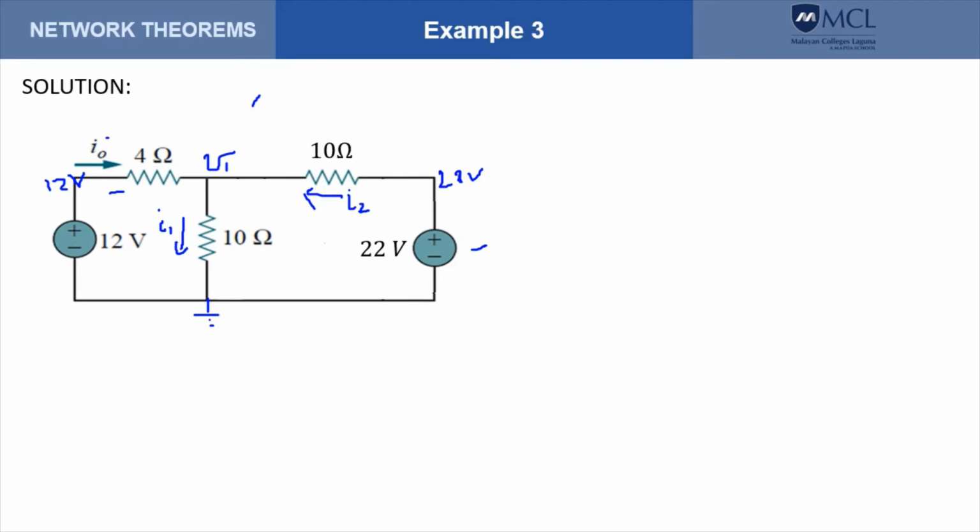So let's formalize those variables and directions. Okay, so those are the branch currents and the node voltages. And we note that this is again 22 volts here, and here this is 12 volts.